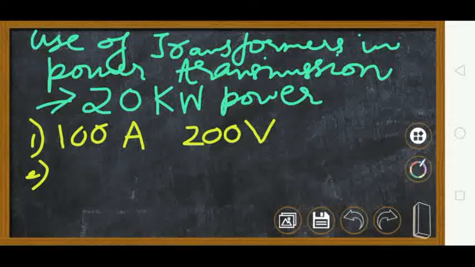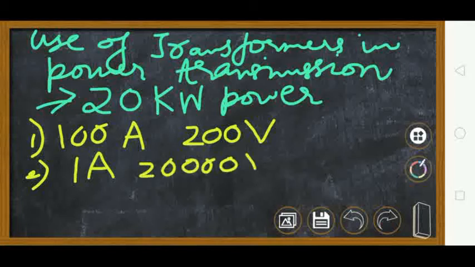Second, you can transmit 1 ampere current at 20,000 volt. Or third one, you can send 0.1 ampere at 2 lakh volts.